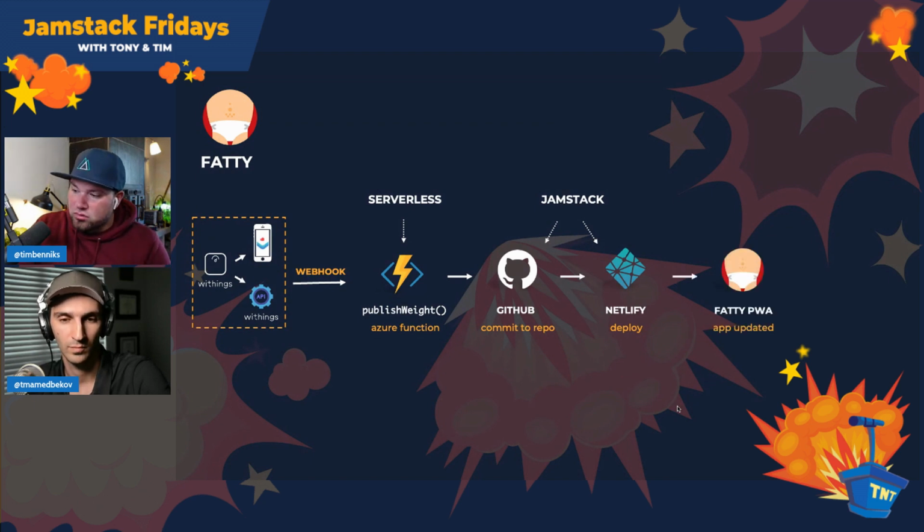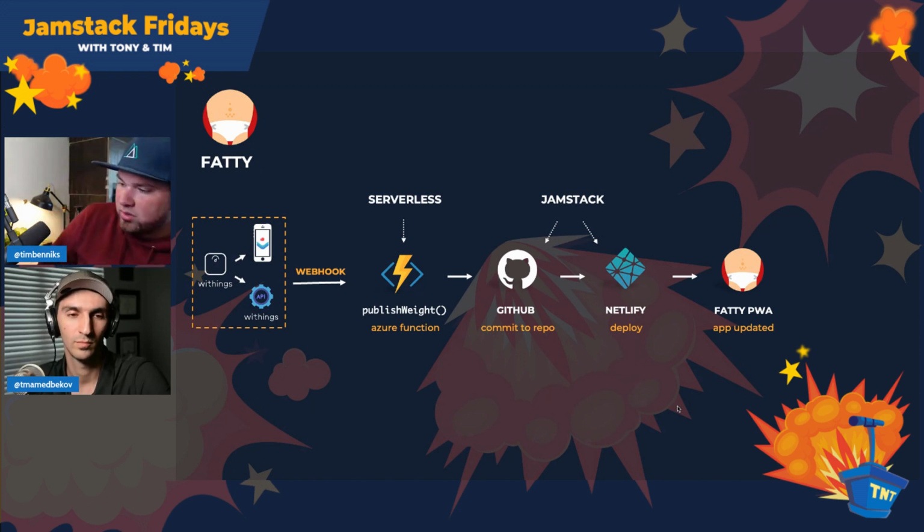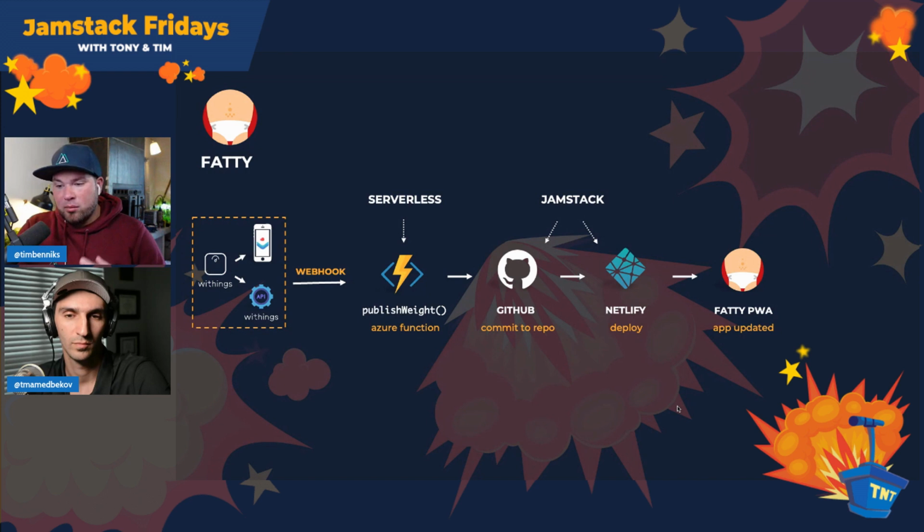And then, of course, when you do a build with Netlify, their CI/CD stack would rebuild my fatty application, but that JSON file with all the dates and all my weights had been updated now. So the fatty app would show a new weight. And so it's totally static. There are no database actions or AJAX calls because that JSON file was local to the code base.